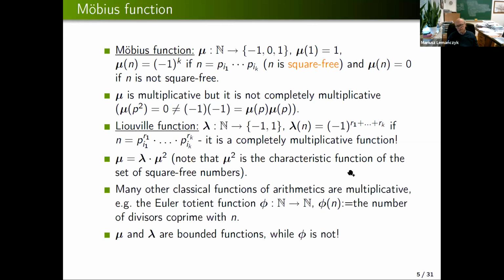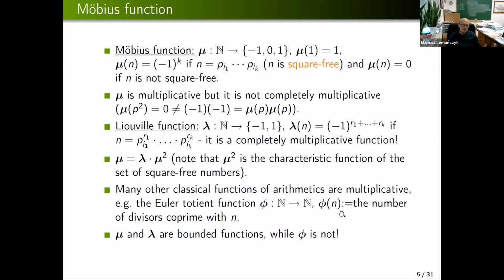In fact, if you go back to primary school, you remember that between numbers you have something like being coprime. You think about prime factors.